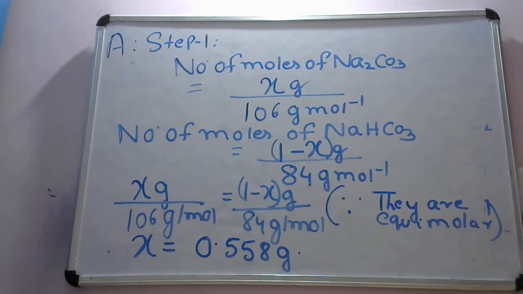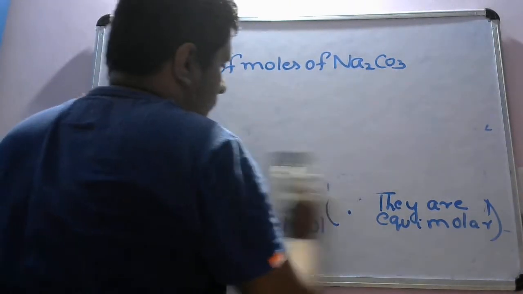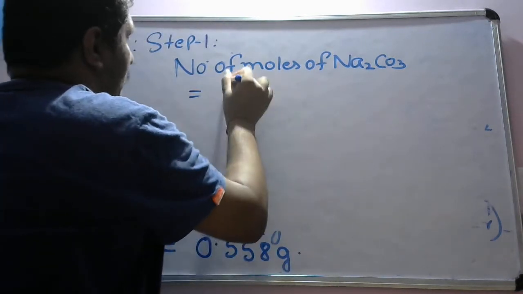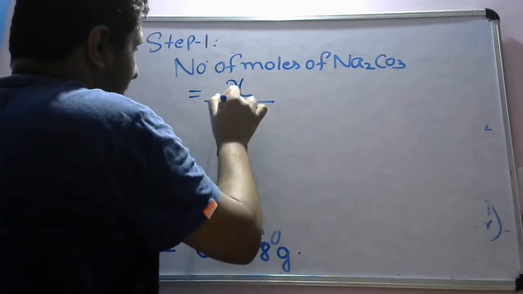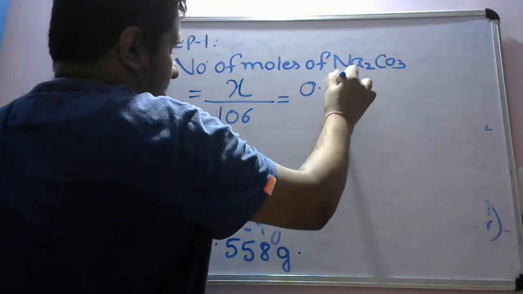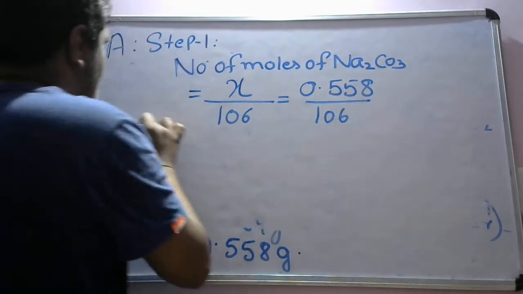This is the mass of Na2CO3, x grams. To find the moles, the number of moles of Na2CO3 is given mass x by 106, that is 0.558 by 106.